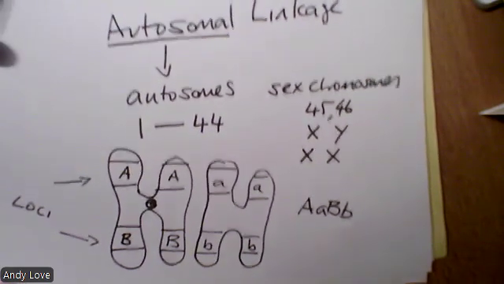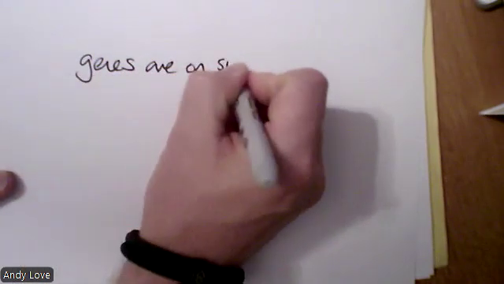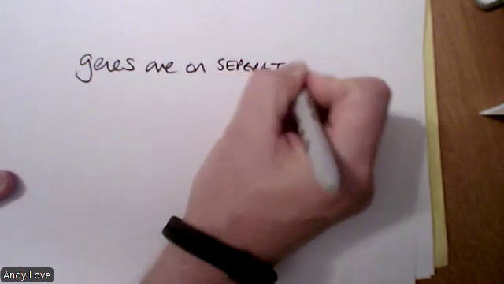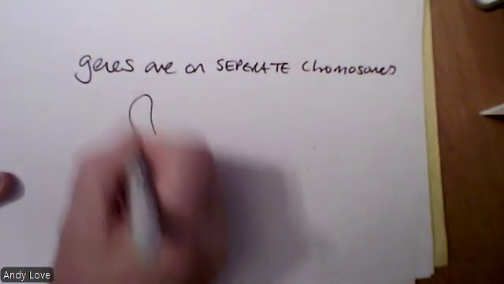Now, if it's not autosomal linkage, the question will say that the genes are on separate chromosomes. And this is everything that you've looked at up to now.